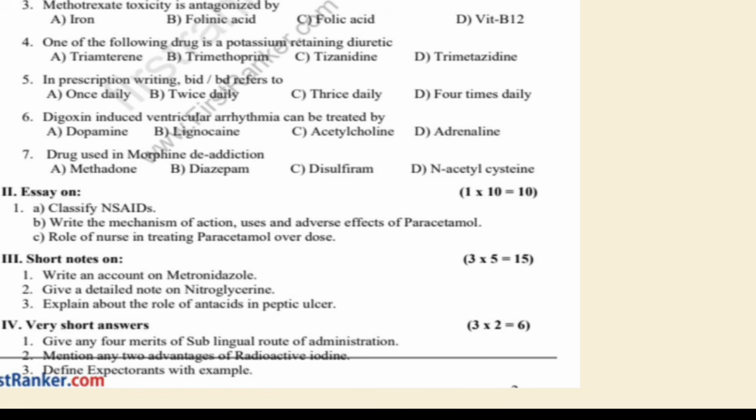This is the first essay question. Here, role of nurse in treating paracetamol overdose, this particular topic we discussed in the last class in respiratory drugs. In the second part, we discussed a drug which treats overdose of paracetamol. If anybody remembers, this question is related to that drug.